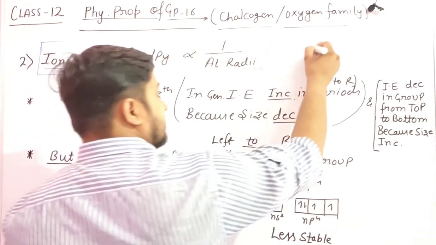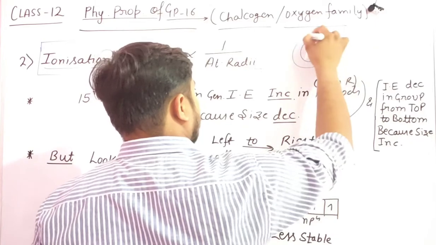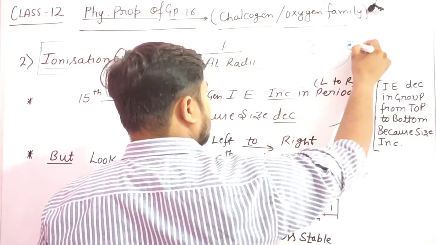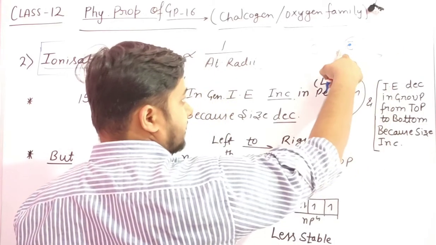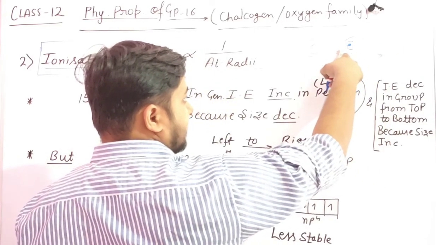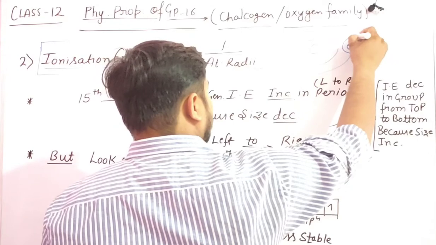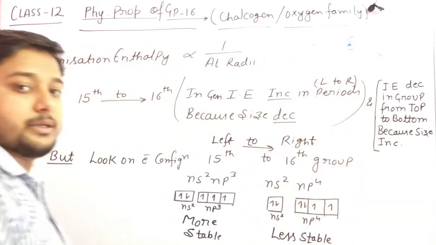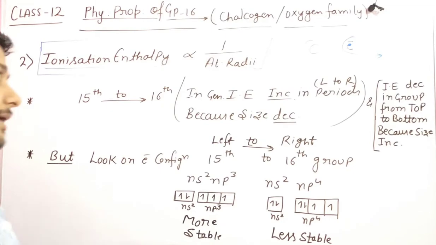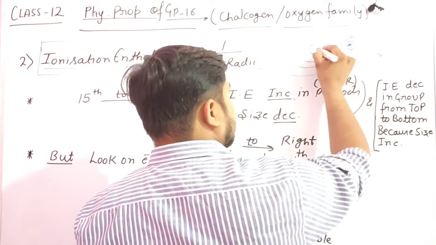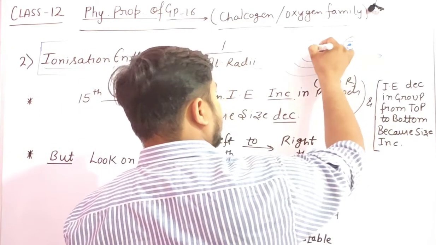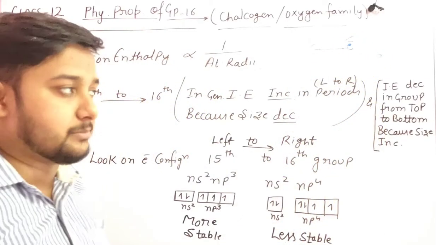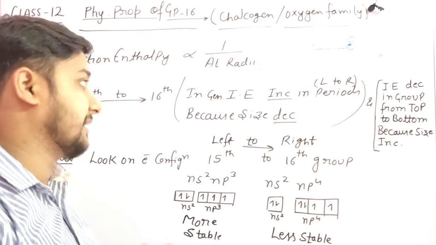That means to say this is the structure of an atom. The energy required to take out this external, or we can say outermost valence shell electron, that is called ionization enthalpy. As the size increases, the distance between the valence electron and the nucleus increases, then this electron can easily be removed, so the ionization enthalpy required is very less.